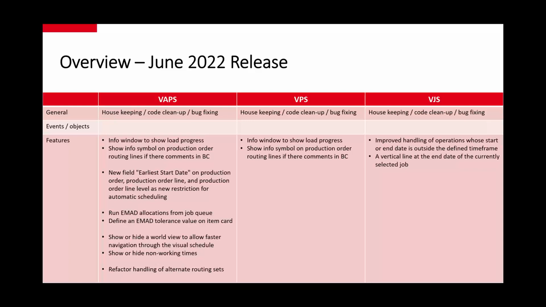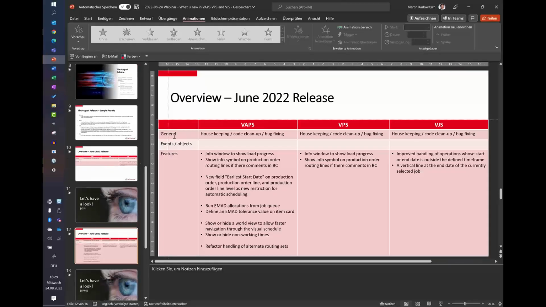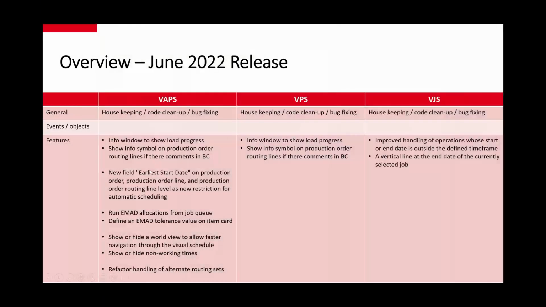So we could say, okay, this production order routing line should not start earlier than that particular date. Currently, you or your customers have to populate this field manually, but this field is open.